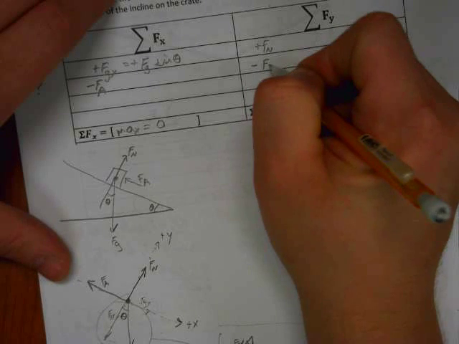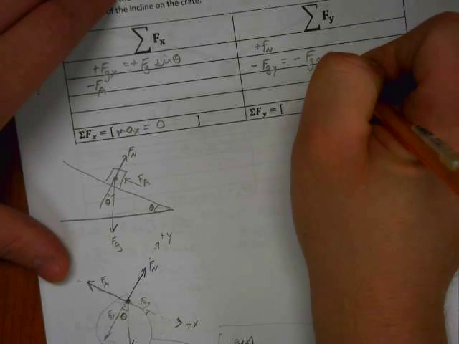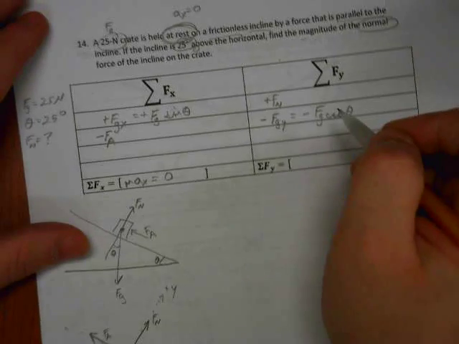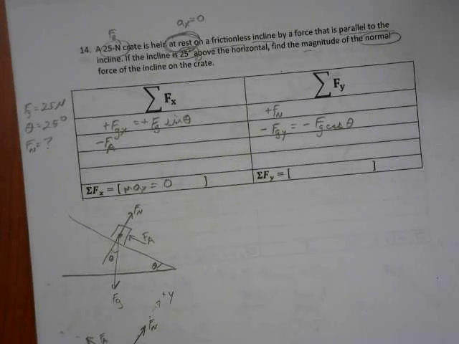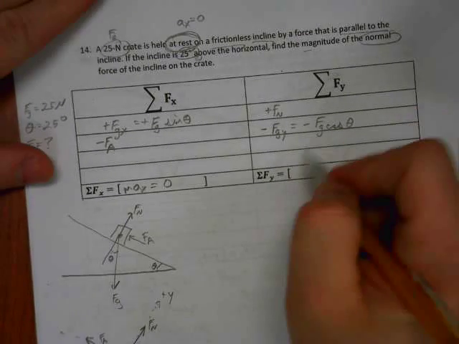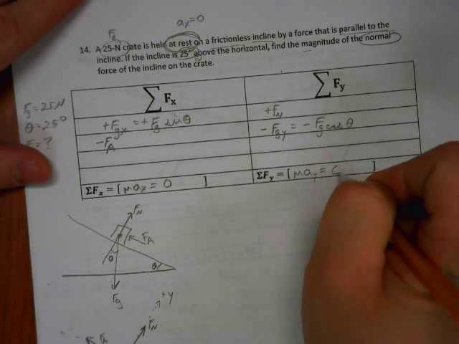So we have negative FGY equals negative FG cosine theta. Now, in the y direction, is the crate moving at all? Well, no, it's not sinking or floating. So that means the sum of the forces equals MAY as usual, and that equals 0.